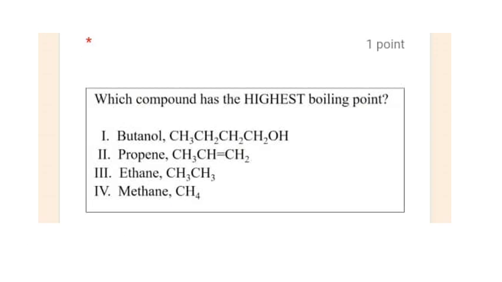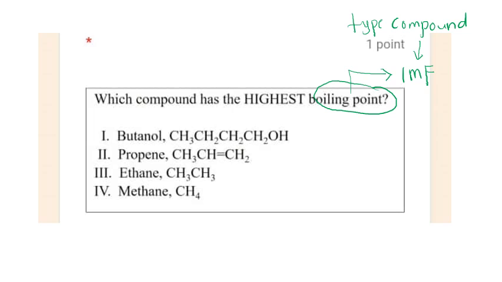Question number 8. Which of the following has the highest boiling point? When we look at the boiling point, it means we have to determine the intermolecular force. Again, before the intermolecular force, we have to determine the type of compound. When we look at the choices given here, all of these are covalent compounds because they consist of non-metals. Carbon, hydrogen, and oxygen are non-metals.